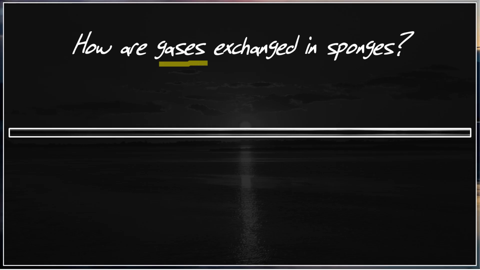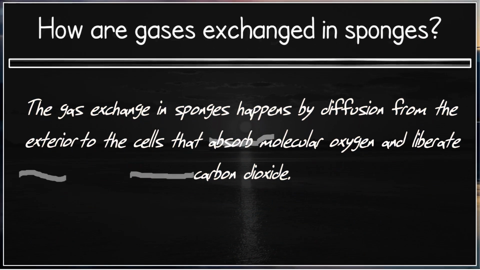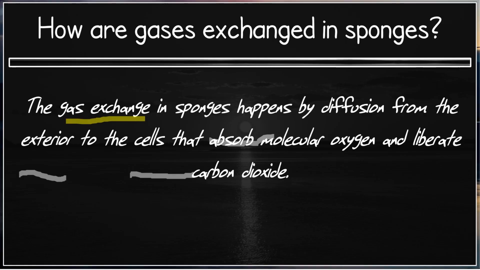How are gases exchanged in sponges? Gas exchange in sponges happens by diffusion from the exterior to the cells, which absorb molecular oxygen and liberate carbon dioxide.